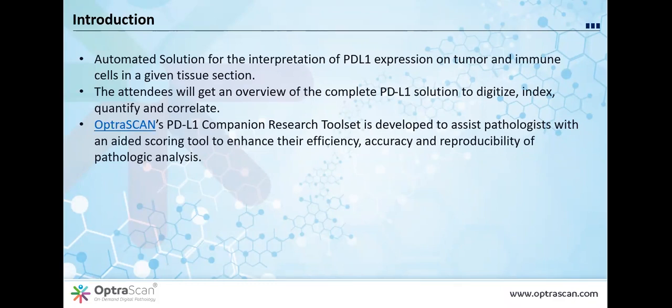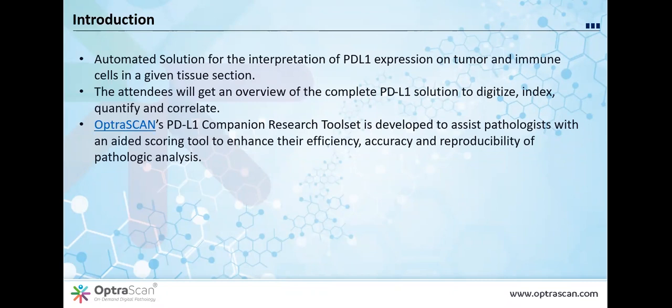And along with digitizing the glass slides, we also specialize in viewing, analyzing, managing, and reporting solutions as well. In today's digital pathology space, we're known for our high image quality and affordability, and we take pride in achieving this level of finesse without compromising on the performance and quality.